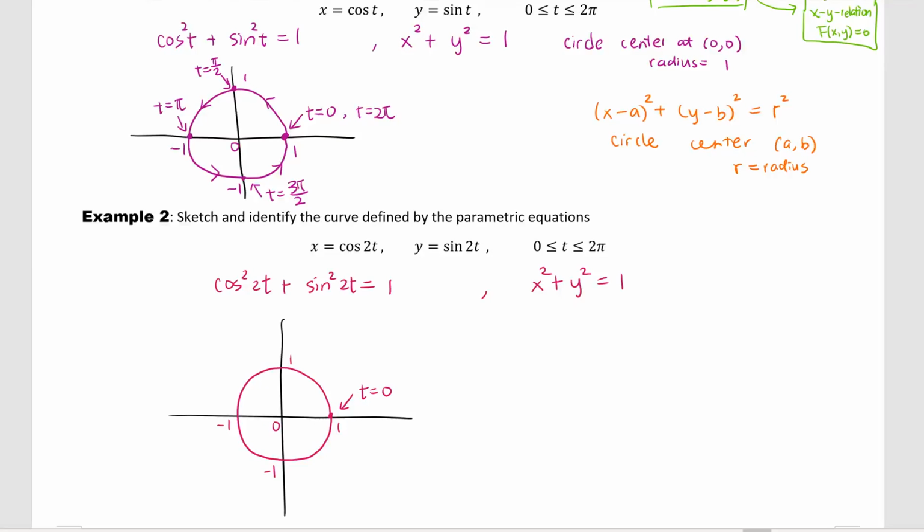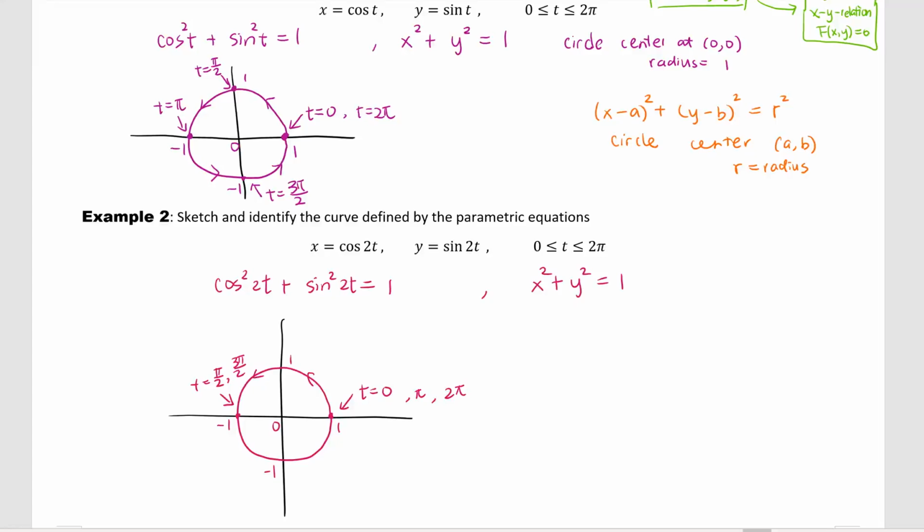When t equals pi over 2, cosine of 2 times pi over 2 is cosine pi, which is negative 1. So at t equals pi over 2, we get this point. When t equals pi, we get back to the point (1, 0). When t equals 3 pi over 2, we get to the point (0, 1). And when t is 2 pi, we get to this point again.